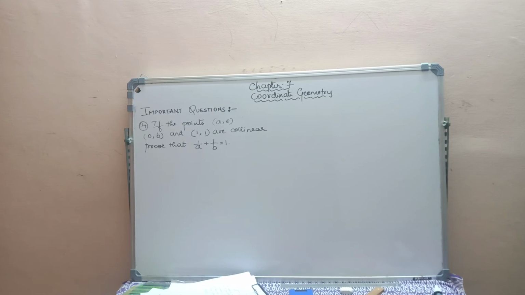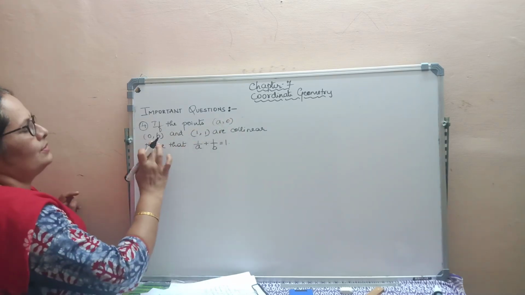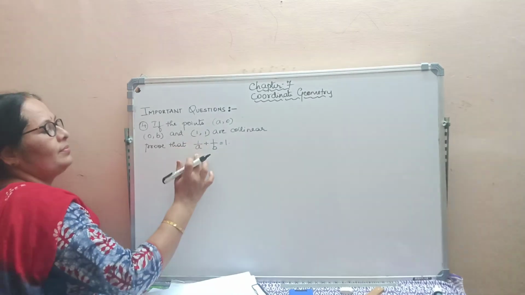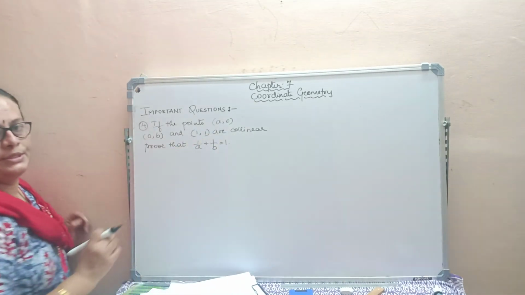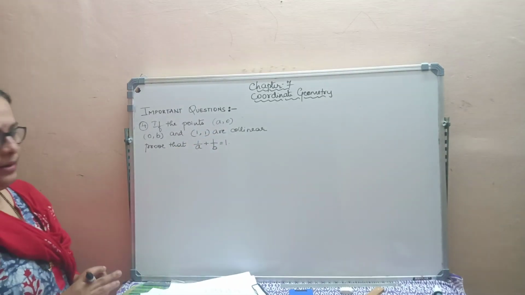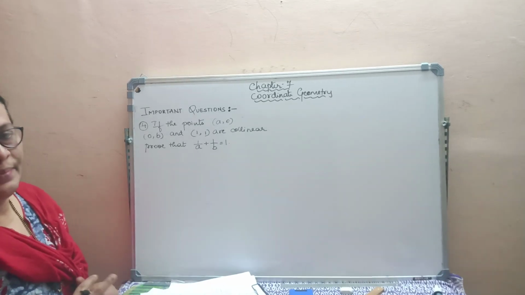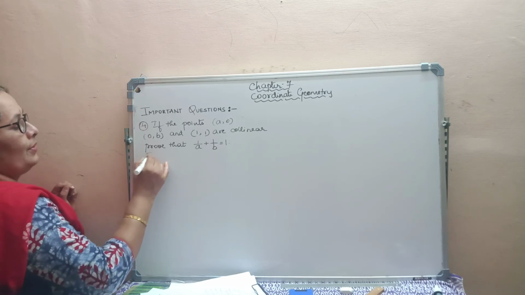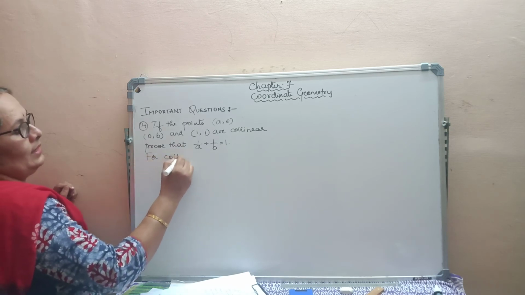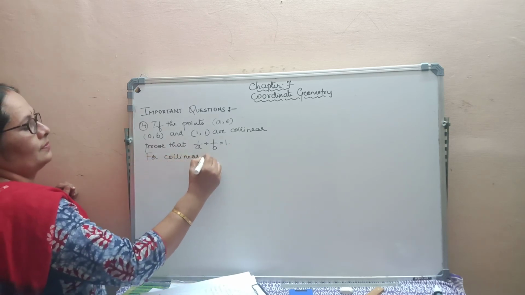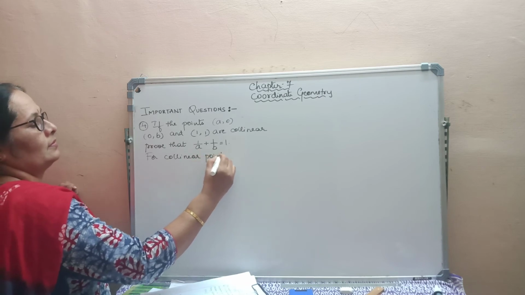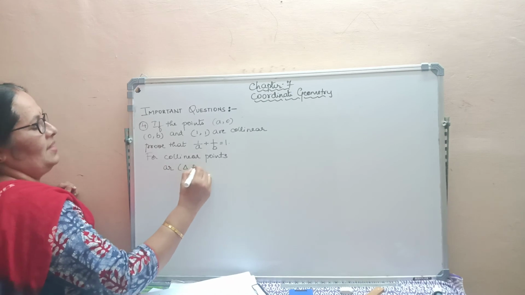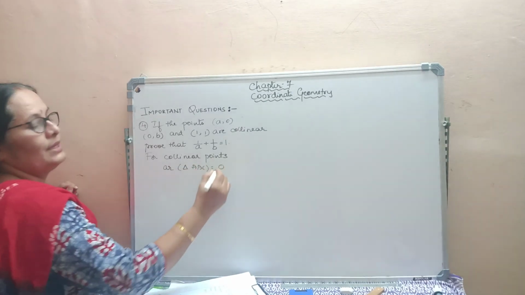Next question is, if the points (a, 0), (0, b) and (1, 1) are collinear, prove that 1 by a plus 1 by b equals 1. You need to prove that 1 by a plus 1 by b equals 1. You know that for collinear points, the area of triangle ABC is equal to 0.